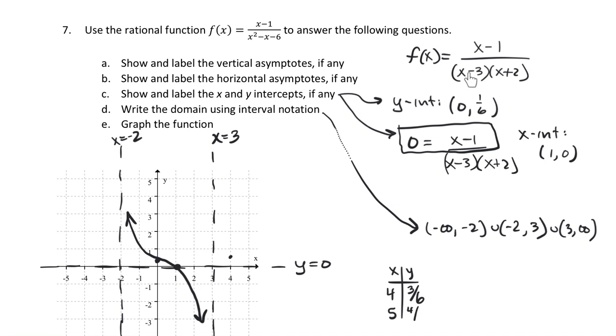Then here we have 5 minus 3 times 5 plus 2. So 5 minus 3 is 2. 5 plus 2 is 7. 2 times 7 is 14. So 4 14ths, which is right about there, 2 7ths. So you can see getting closer and closer to that horizontal asymptote.